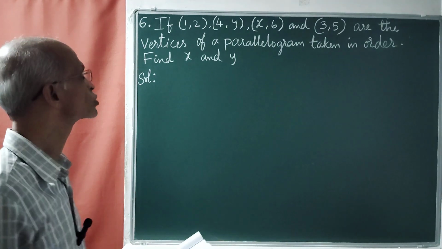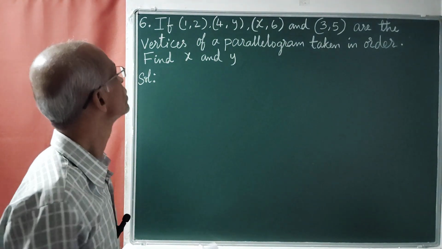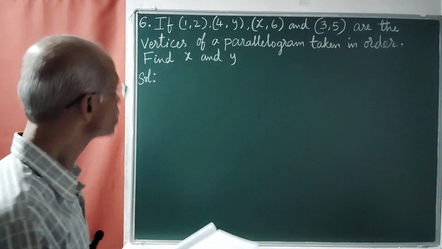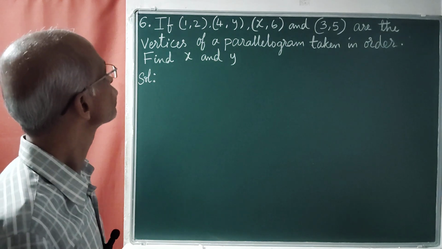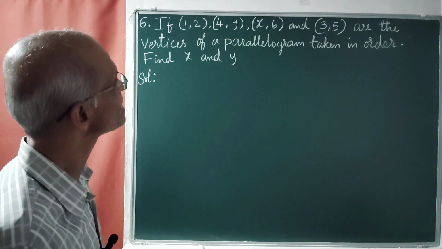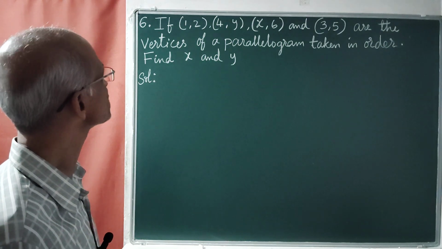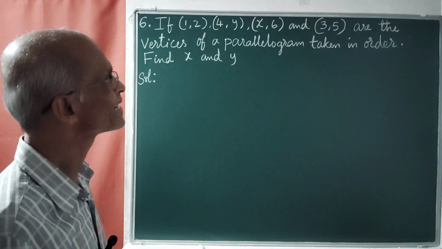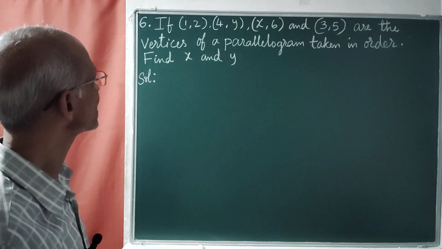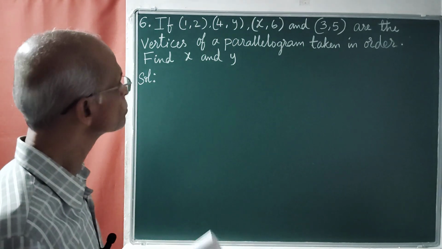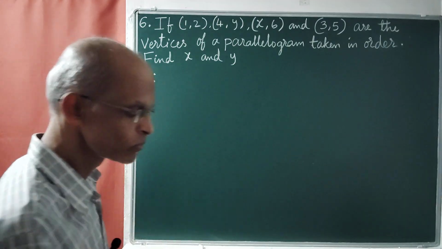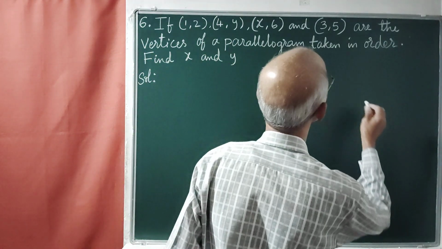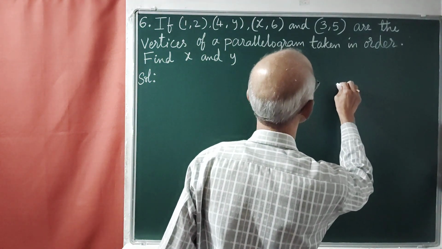For the sixth one: if (1, 2), (4, y), (x, 6) and (3, 5) are the vertices of a parallelogram taken in order, find x and y. So we'll draw a parallelogram.